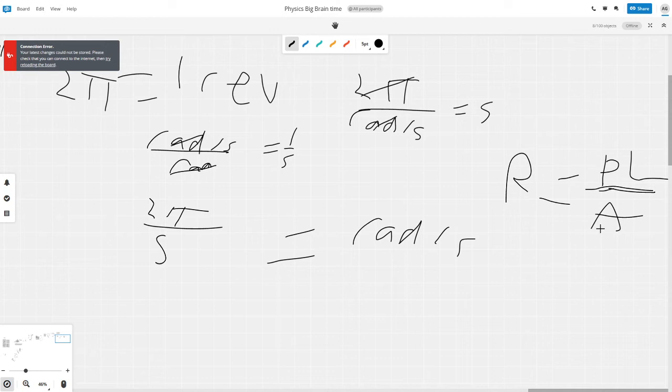I want to say that n is number of turns. Is that right? Or is n something else that I'm not thinking of? I'm probably messing that up. Oh, is it drift velocity?